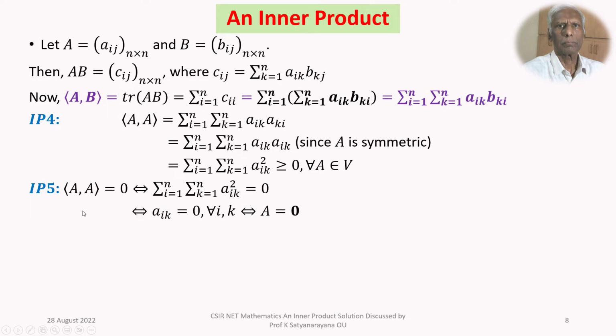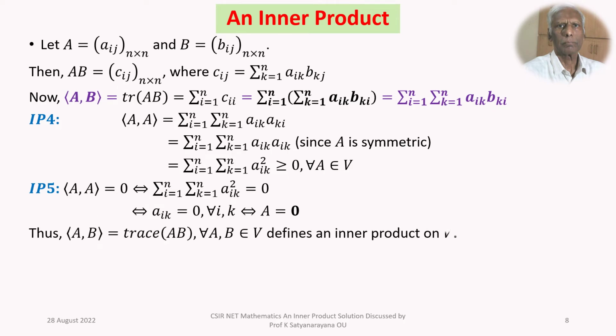Thus the bracket of A comma B equal to trace of AB defines an inner product on V. So that is the verification of the properties of the inner product for the given inner product.